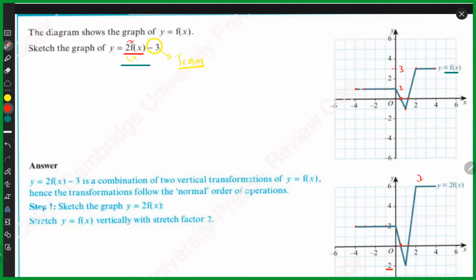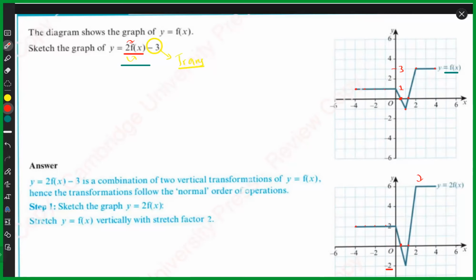So that is why this point is here. Nothing is happening to this point, but every other point is being multiplied by 2. Every y coordinate is multiplied by 2, and then we have a modified version of our graph. So it looks like a genuine stretch along the y-axis. It looks like somebody just pulled the graph both up and down, and the x-intercepts were fixed, but other than that everything has been changed.